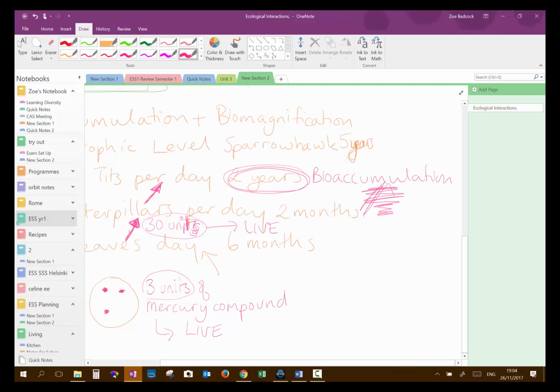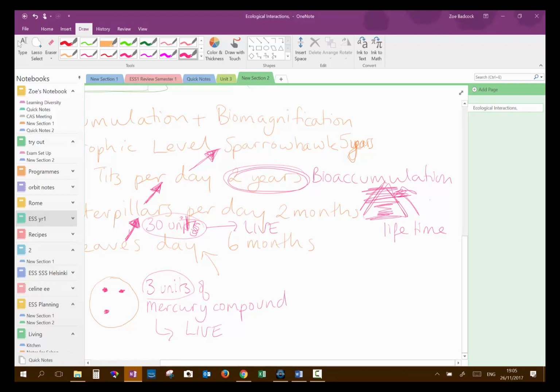They're increasing inside the blue tit over its lifetime. And this is called bioaccumulation. And the same happens for the sparrowhawk as well, because that lives even longer. It also suffers from bioaccumulation because the toxins, the mercury, is building up in its body over time.